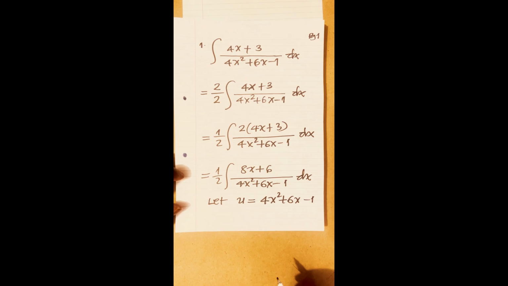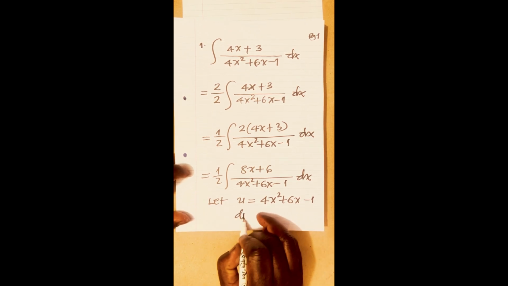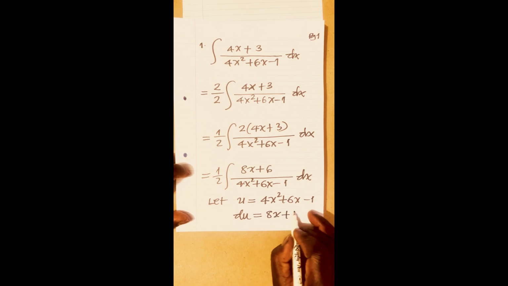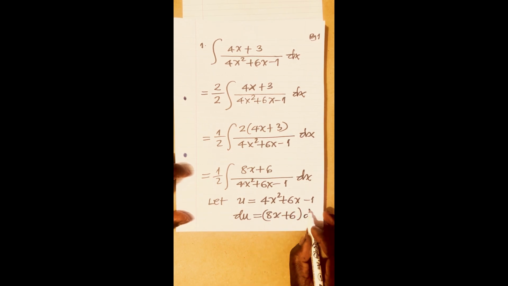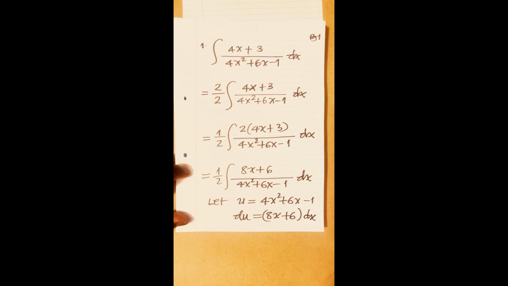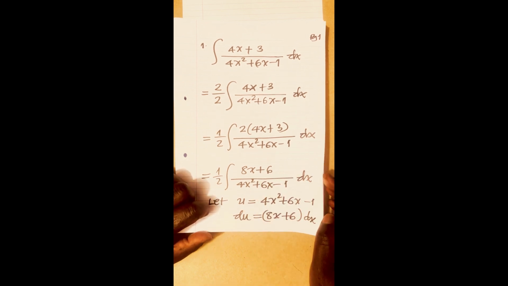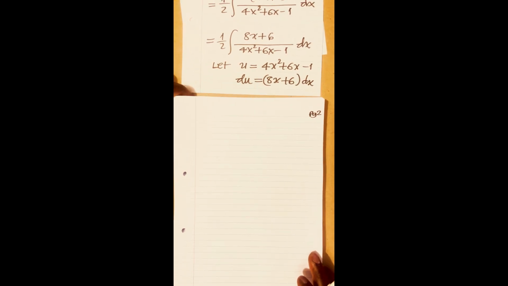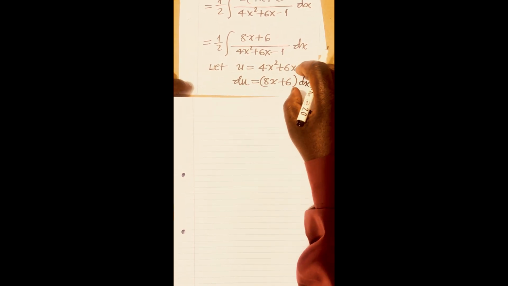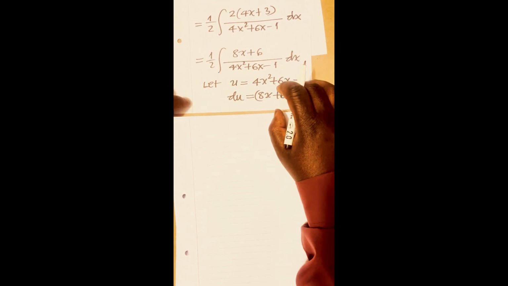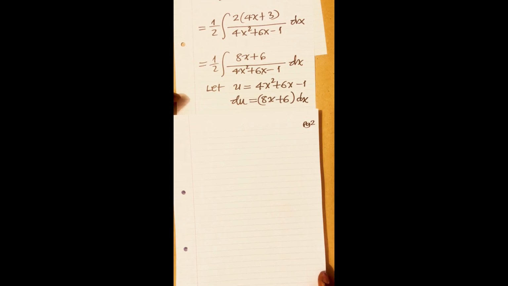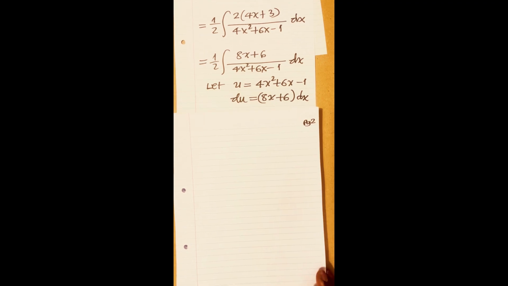Differentiating with respect to x, on the left we're going to have du, on the right we're going to have (8x + 6) dx. Now if I change this integral a bit, it will change as follows. I'm transforming that integral to look a bit different.